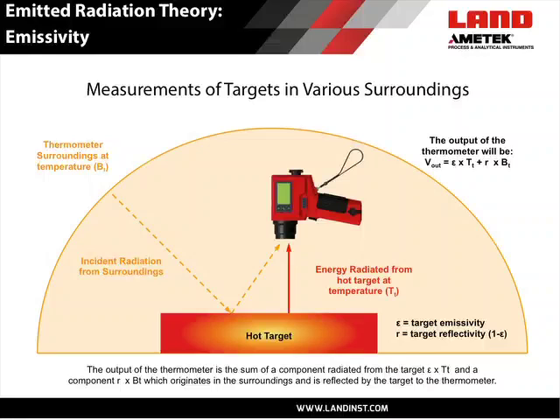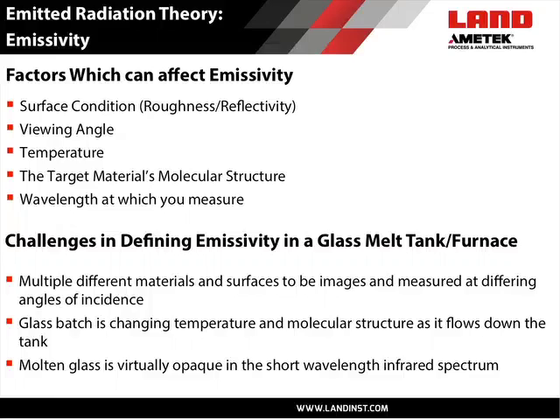It's important to understand the emissivity values of the materials within the scene. These are factors that can affect the emissivity of a target material: the surface condition of the material, whether it's rough or smooth; the viewing angle onto the material, whether it's normal or some glancing angle; the actual temperature of the material; its molecular structure; and finally the wavelength at which you measure the material.